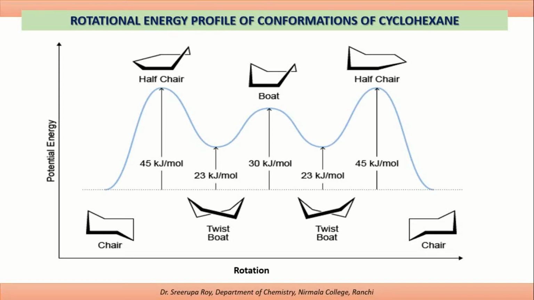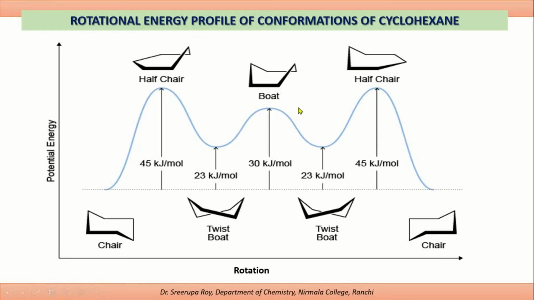Rotation of carbon-carbon single bond in half chair conformation leads to decrease in energy of the molecule up to a lowest of this level where we get the twist boat conformation. As the rotation operation is performed on the twist boat conformation, the energy of the molecule rises further, attains a certain height which is lower than the height of the half chair conformation.